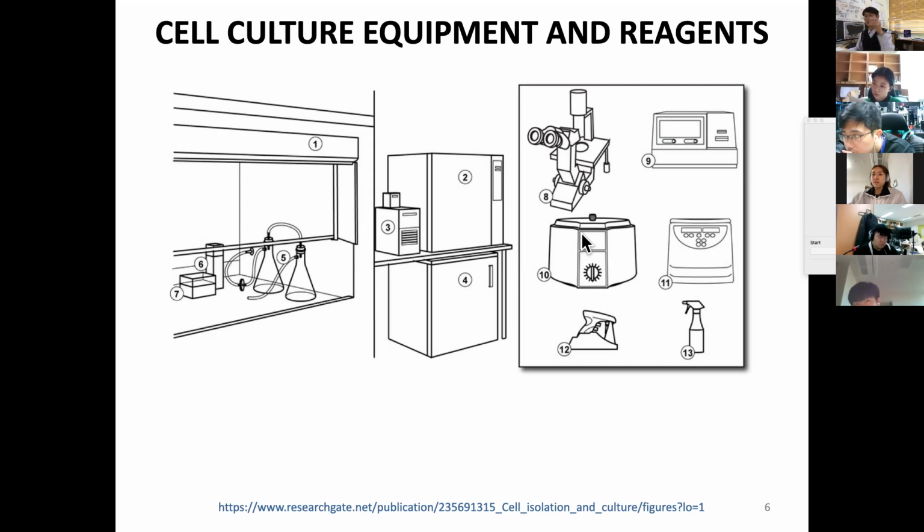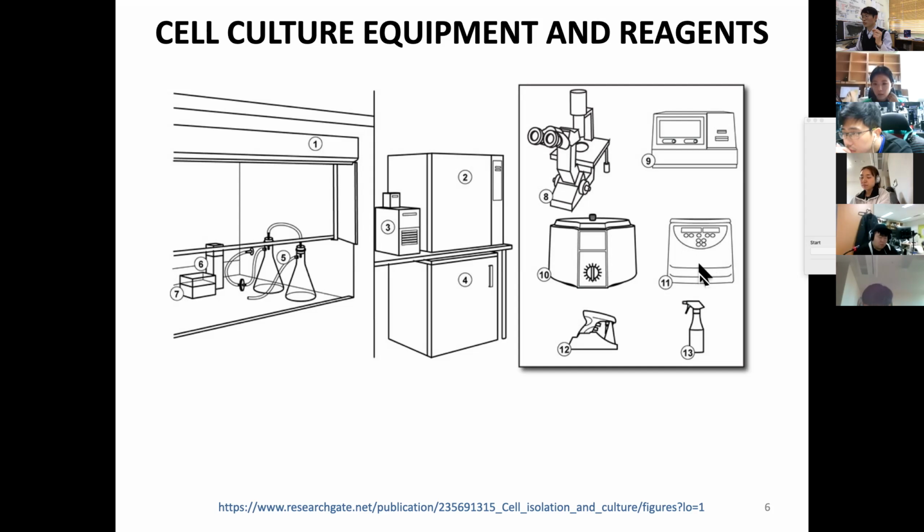When you have a cell suspension in a tube, you use the centrifuge because the cells are heavier than water, so you can make a cell pellet to separate the cells. Number 11 is a freezer.